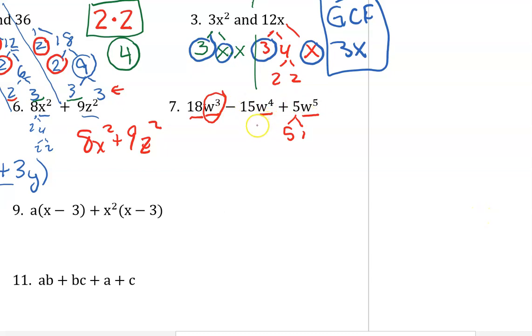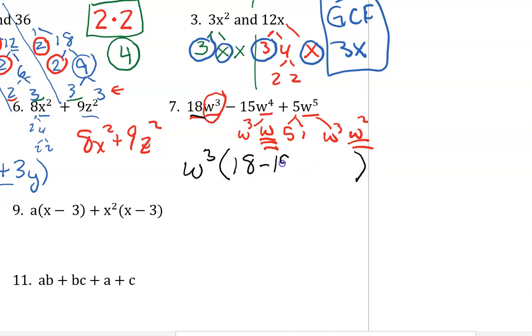If I take out a w cubed, in the second term, I would only have a w left over. In my third term, I would have a w squared left over. So we'll factor out w cubed. We'll have w cubed times 18 minus 15w plus 5w squared.